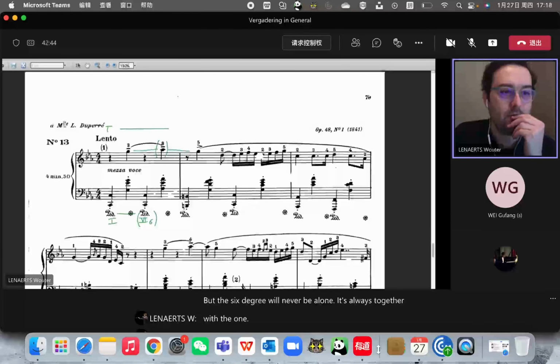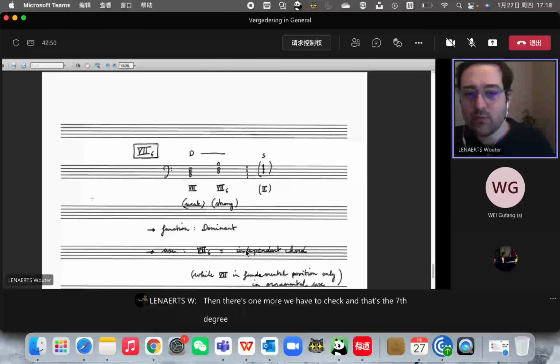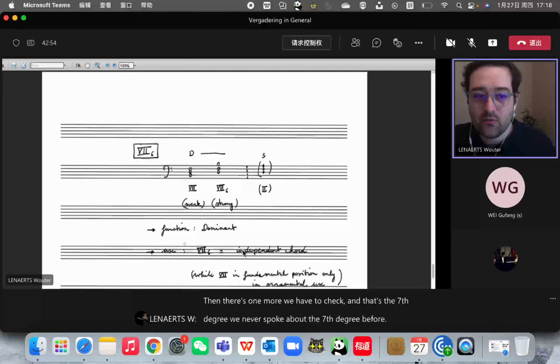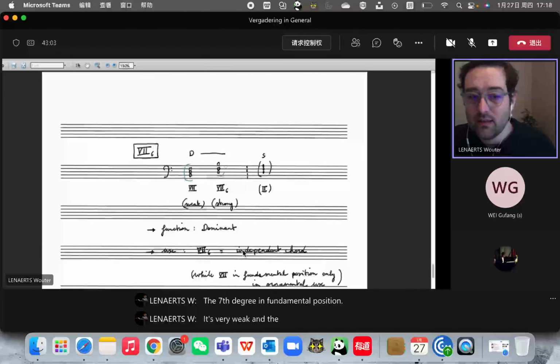Okay, I'm going on. Then there's one more we have to check, and that's the 7th degree. We never spoke about the 7th degree before. The reason is if you have the 7th degree in fundamental position, it's very weak, and in the first inversion, it's stronger. Do you know why?